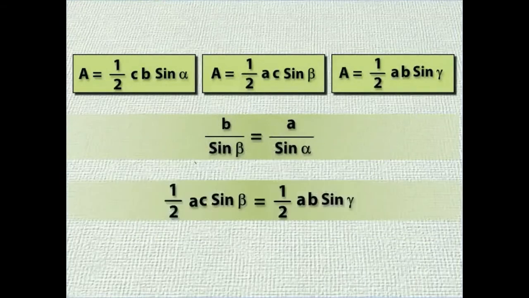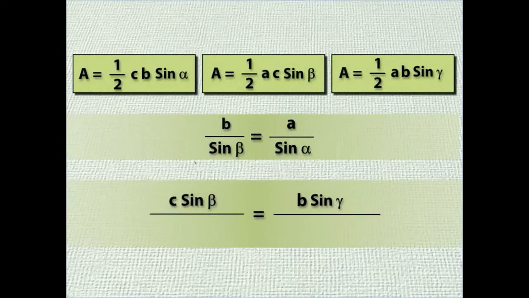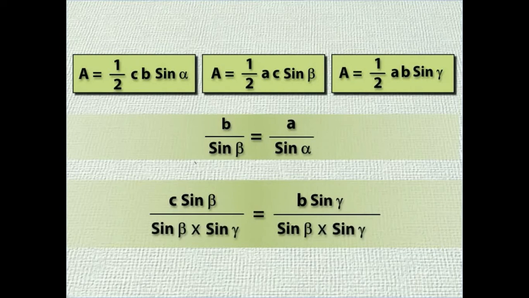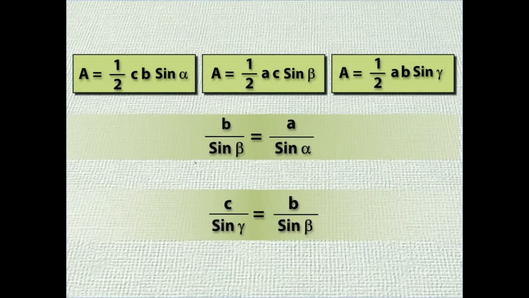Comparing the last two expressions and dividing both the sides by sine beta, sine gamma, you get C upon sine gamma is equal to B upon sine beta.